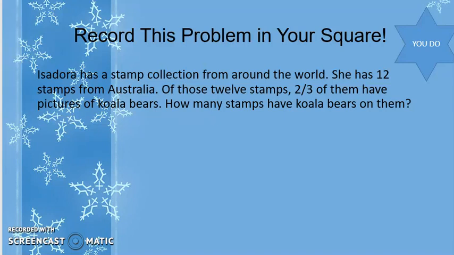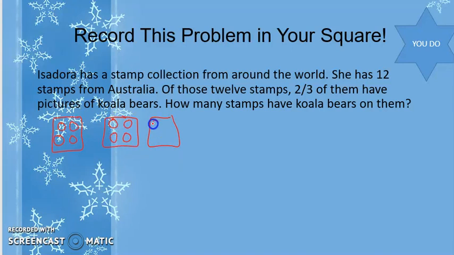So you could have done one of 2 things. The first thing that we could have done is we could have said that we're going to have 3 groups with 4 stamps in each one of the groupings.